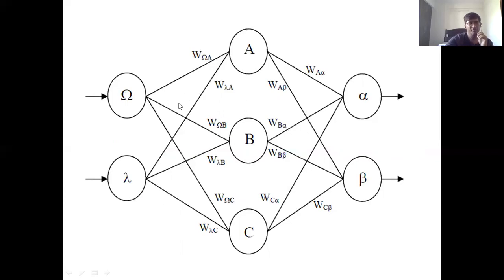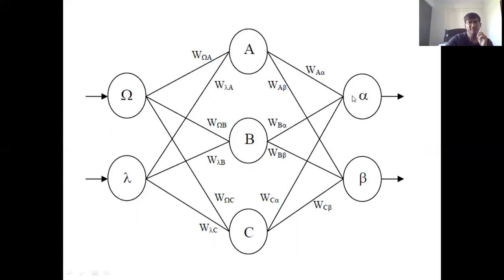And once we would have applied them, in the forward phase we would have calculated the activation inputs for A, B, C. Then we would have calculated the outputs by applying the activation function, which is a sigmoid function, for A, B, C. Similarly, we would have used these outputs as inputs for calculation of the output at alpha and beta, that is the output layer.